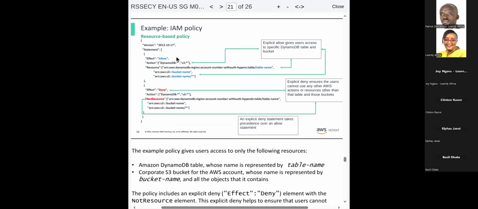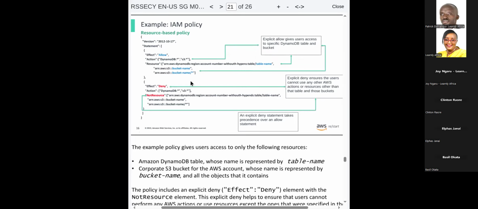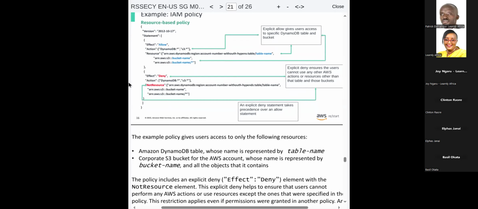Okay. Now, this means that there's an explicit allow given to users for access to a specific DynamoDB table and a specific S3 bucket. And then we also have on the policy an explicit deny that says the action is on DynamoDB and S3, NotResource.